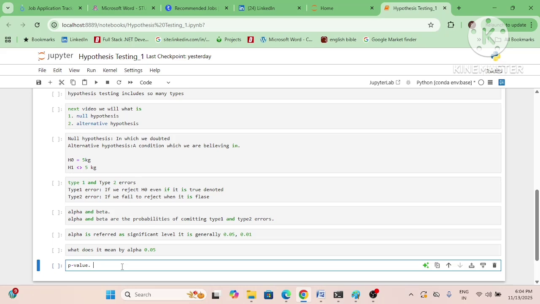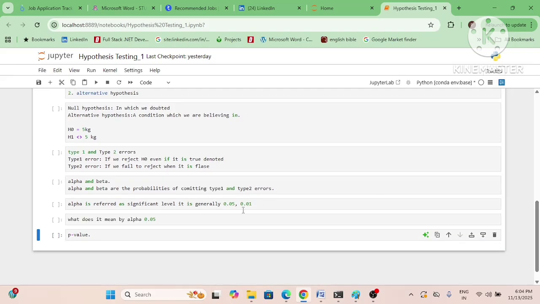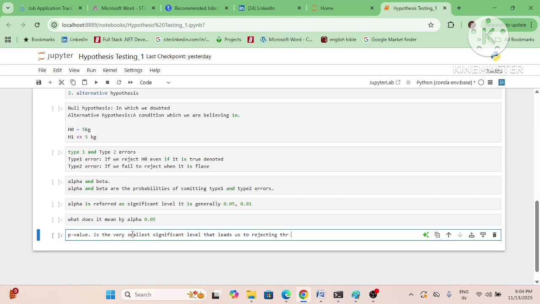under the null hypothesis. That means when the p-value is very small, this is the smallest significance level that leads us to rejecting the null hypothesis.